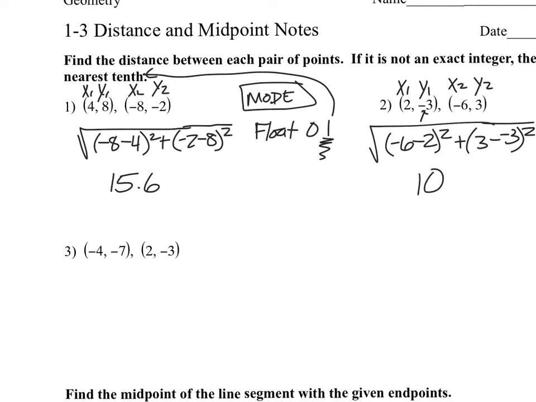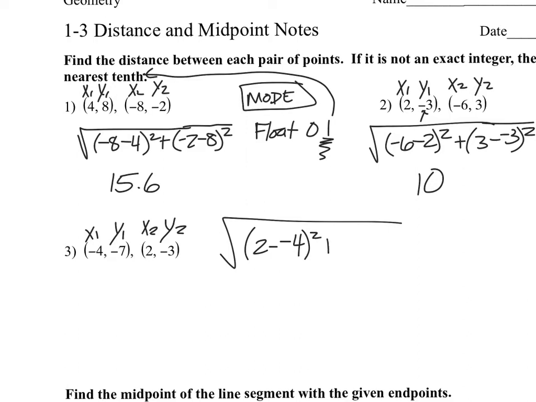Let's do one more. So again, label x1, y1, x2, y2, plug in. So 2 minus negative 4, okay, again, negative does not replace the minus in the formula. Then y2 minus the y1, so there's another negative.